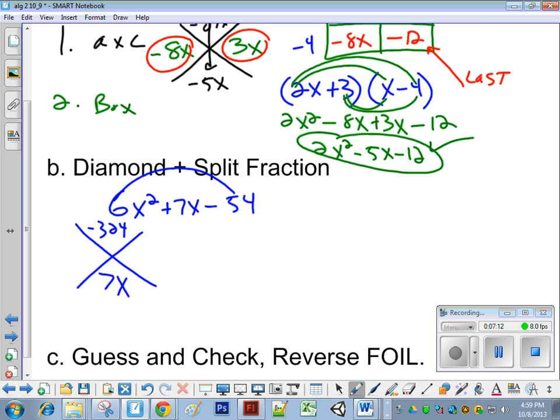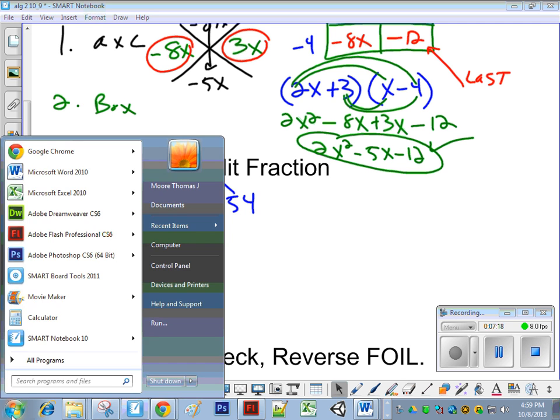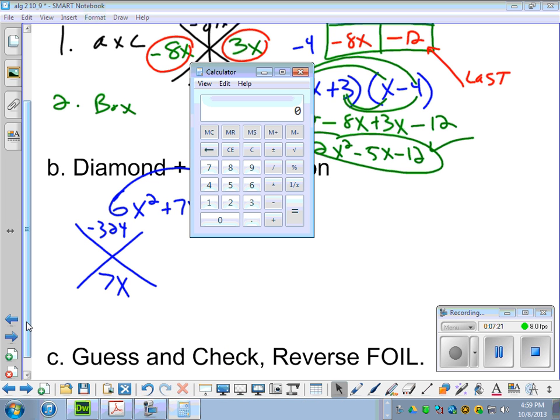Now this is going to be a little bit challenging, so I might have to go to a calculator to help me with this. I just have a little calculator on here. I can try out a few things and see how to get to negative 324. Let me try dividing 324 by a few things. What if I divide it by 4? I get 81. I got to go bigger. How about 324 divided by 9?